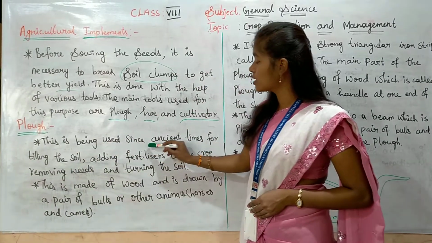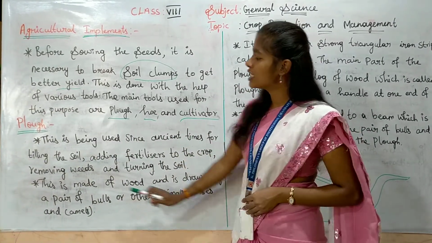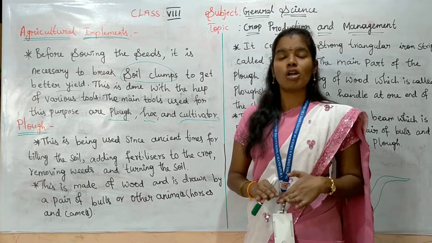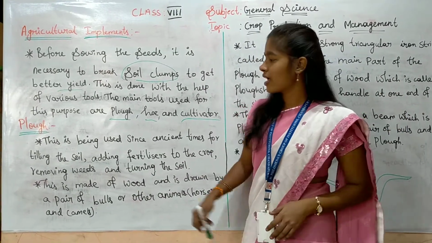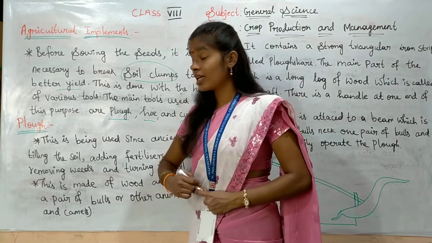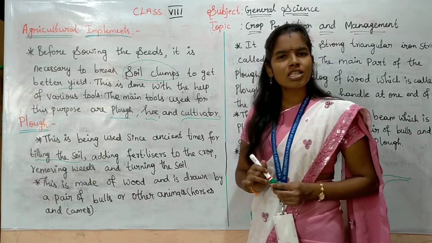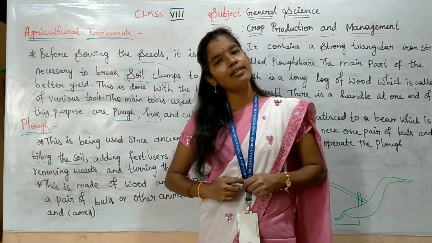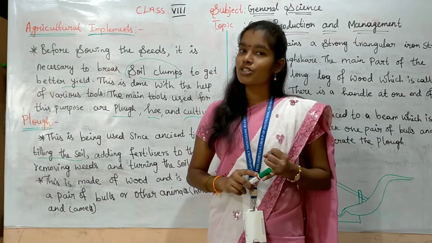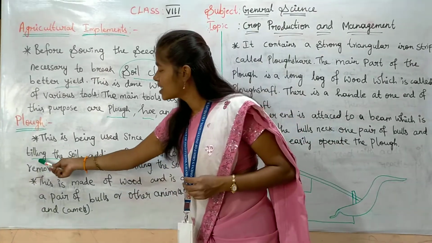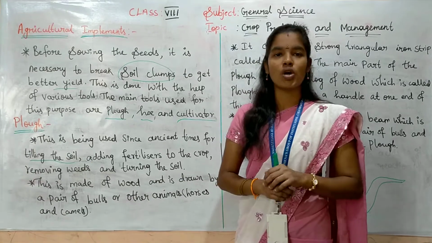This has been used since ancient times for tilling the soil. For what purpose are we using it? Tilling the soil. What does tilling the soil mean, children? We have already learned that turning the soil is nothing but tilling the soil.